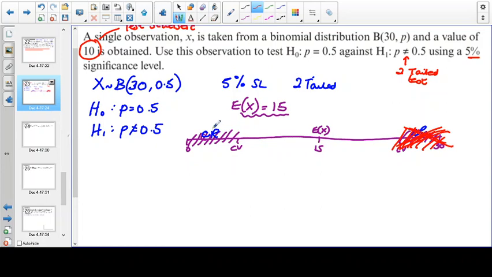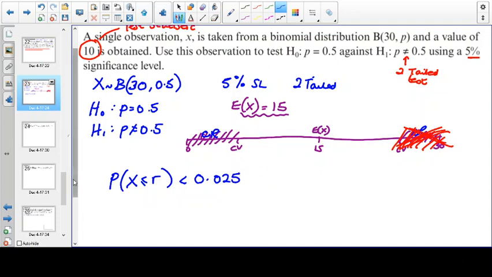So when we are doing a two-tailed test, we need to halve the probability and compare it to that. So we are going to look for what our critical value is here. So the probability that x is less than or equal to something now has to be less than 2.5%.